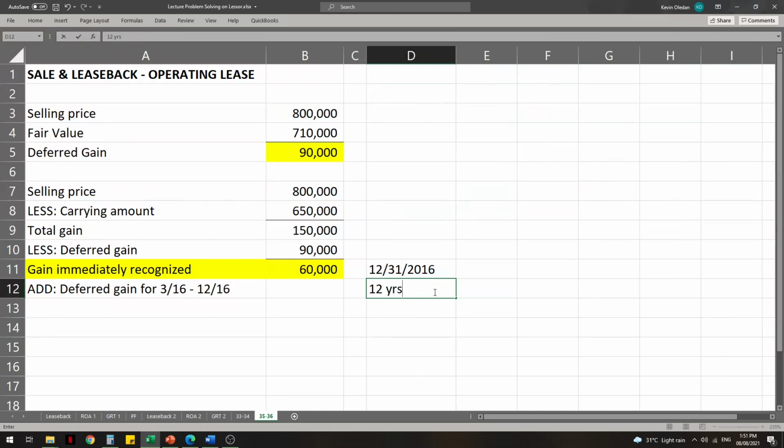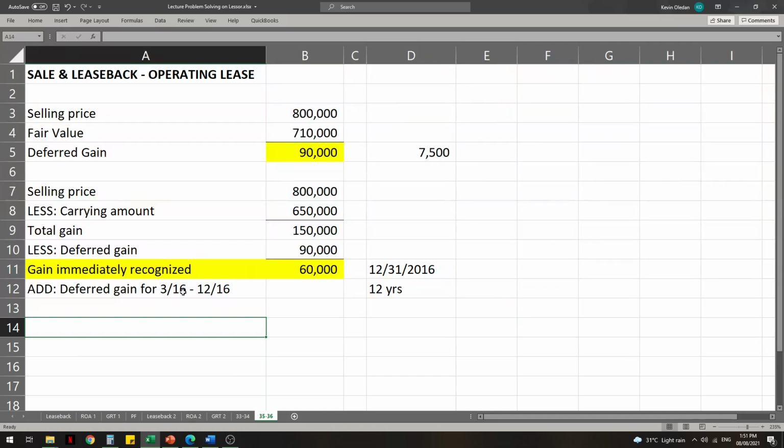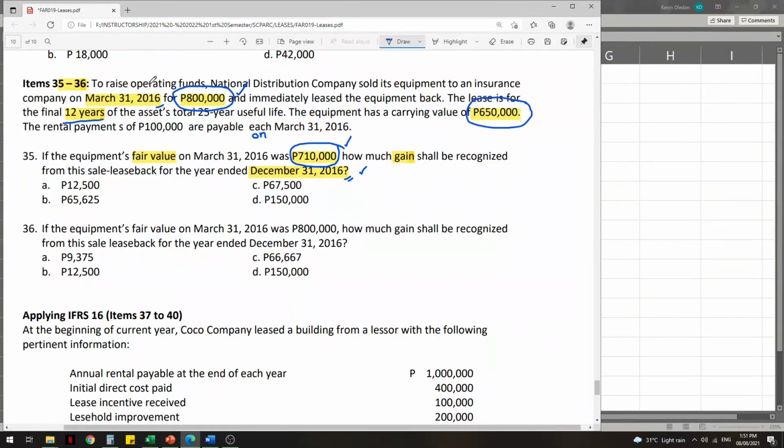The term is 12 years. Which means that the 90,000 will be divided by 12. Para makuha natin ano yung annual na i-recognize na gain for the purpose of this deferred gain na 90,000. But also do take note that the deferred gain to be recognized should only be for March 2016 up to December 2016. Take note, it's March 31, 2016. So that does not include March.